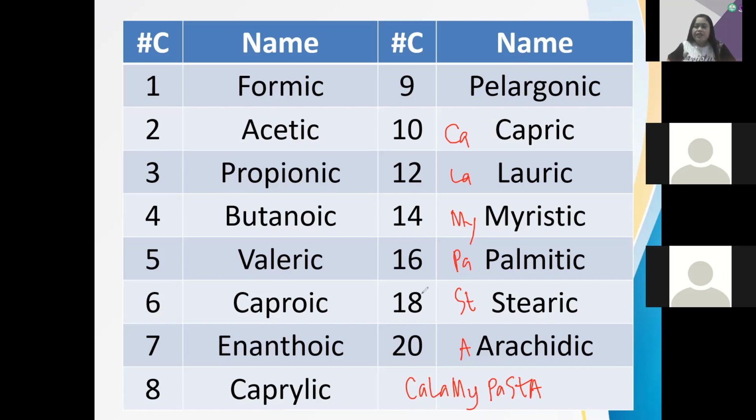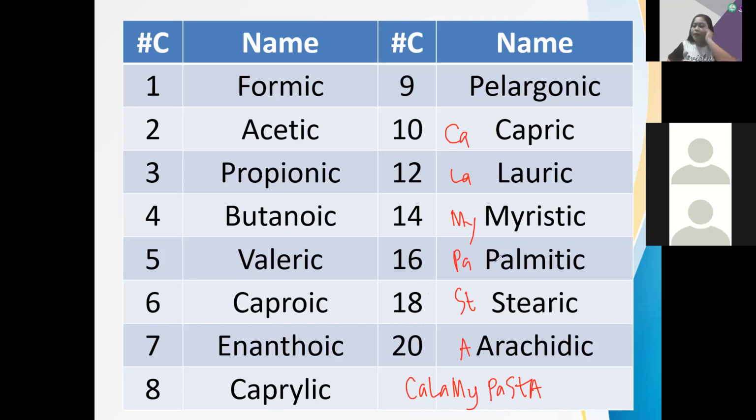So 10, 12, 14, 16, 18, and 20. So Ka for capric, La for lauric, Mai for myristic, Pa is palmitic, ST is stearic, and 20 carbon class na carboxylic acid na saturated.